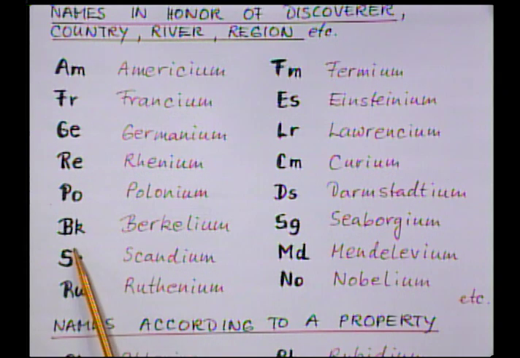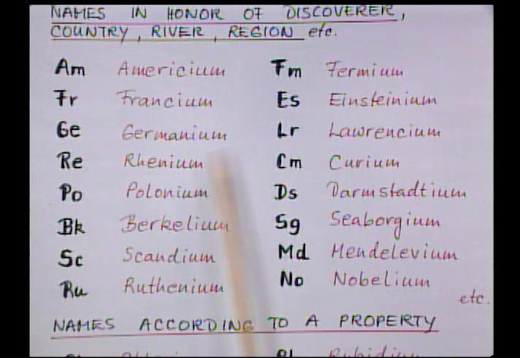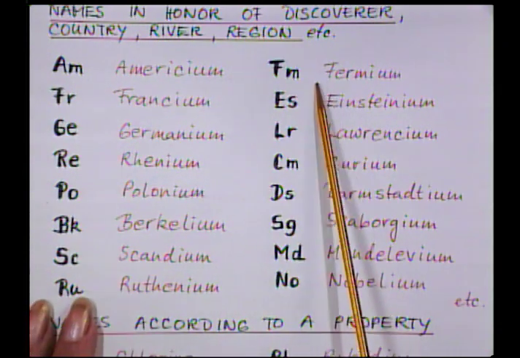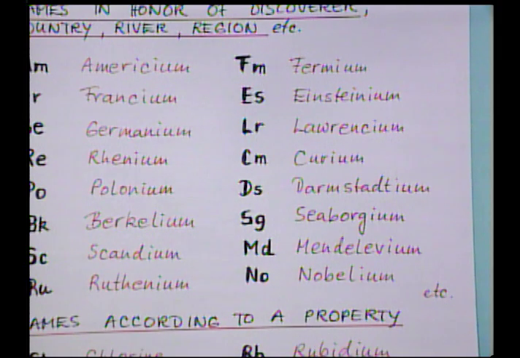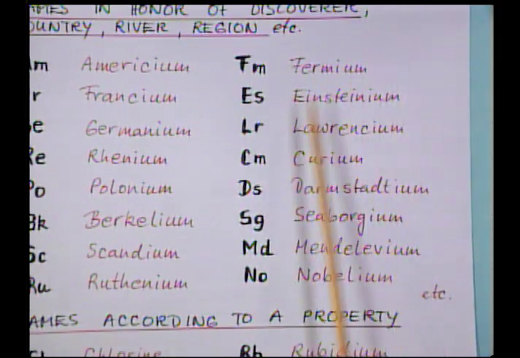But we have Berkelium coming from Berkeley, Francium from France, Germanium, Rhenium, the Rhine River, Polonium, Poland, Scandium, Scandinavia, Ruthenium. Yeah, one would think it would be Ruth, but Ruthenia is a certain district in Russia, or it means Russian, sorry.